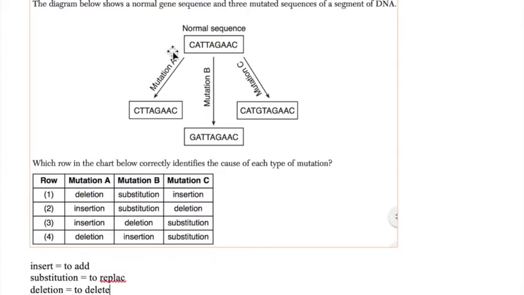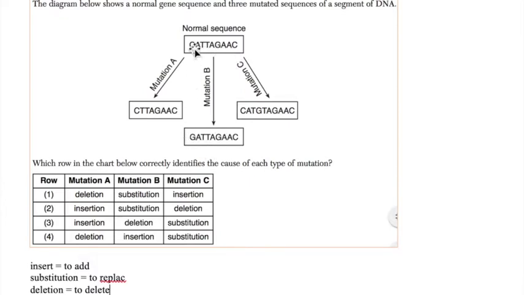So all we have to do is find the right row that matches. Let's look at mutation A. I have CAT TAG AAC. Uh-oh, I don't have CAT anymore. I lost an A. If I lost an A, that's a deletion. So right away, I can cross out choices 2 and 3. So it's either 1 or 4, because deletion is the first mutation. Now we have to figure out the next one. Mutation B. Instead of CAT TAG AAC, it's GAT TAG AAC.